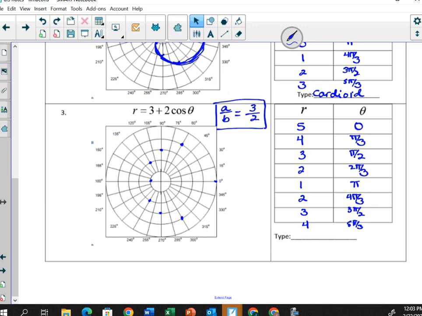No. This is our first one that's not going to go through the pole. No, it is still very much polar. This is called dimpled. You're like, and I plotted them, now what? All right, again, graphing very circular-ish with just a little dip.